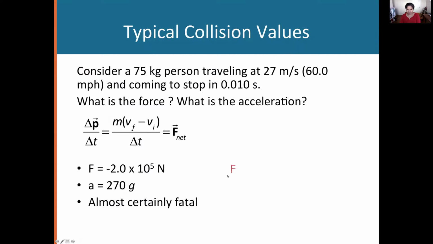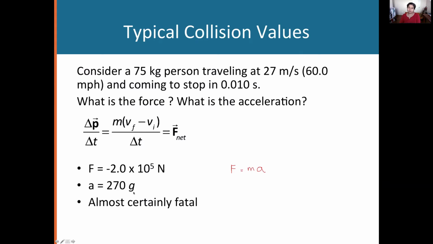So let's make that step a little more clear. If you want to find the acceleration, you're going to use F equals m into a, or you're going to divide that force that you just got by the mass, which is 75 kg, and that should give you 270 times g, which is 9.8. So that's to give you an idea of how many times the acceleration due to gravity your body has to take: 270 g.